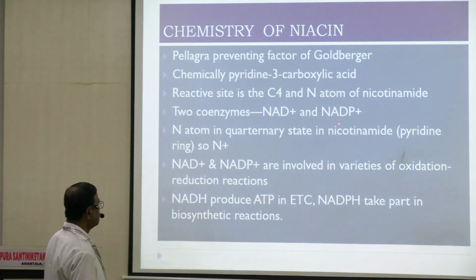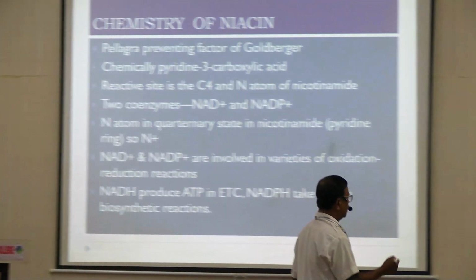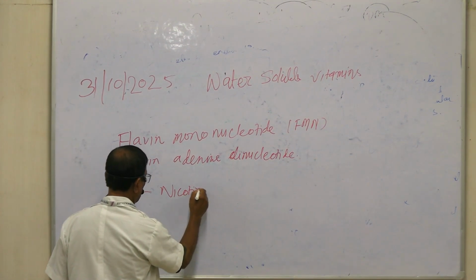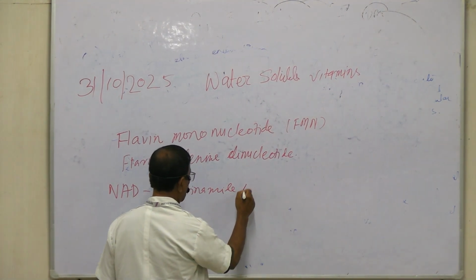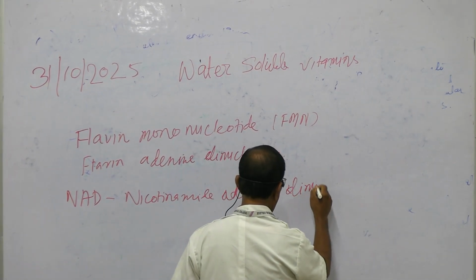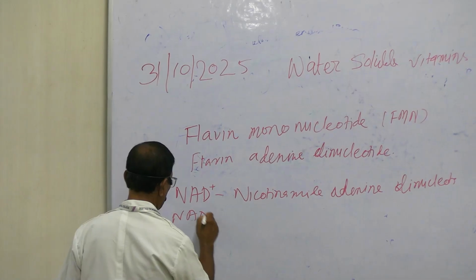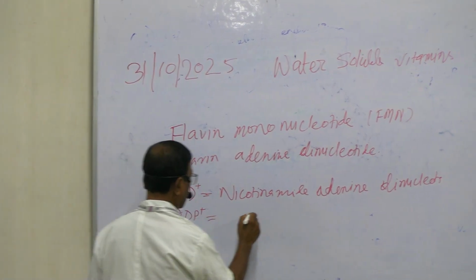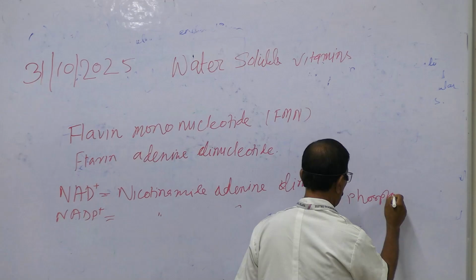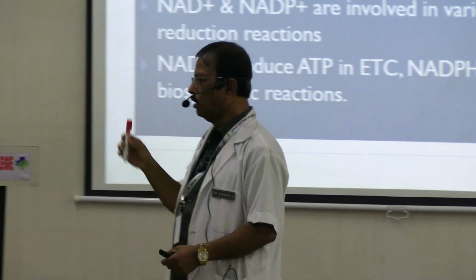Two coenzymes are NAD, nicotinamide adenine dinucleotide, and NADP, nicotinamide adenine dinucleotide phosphate.